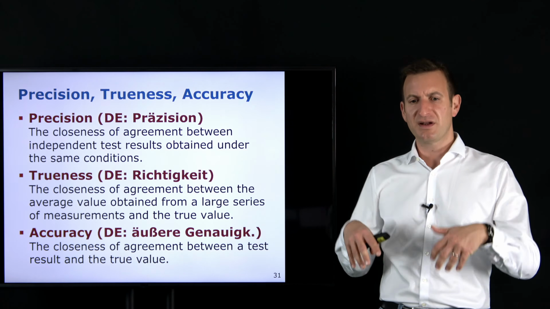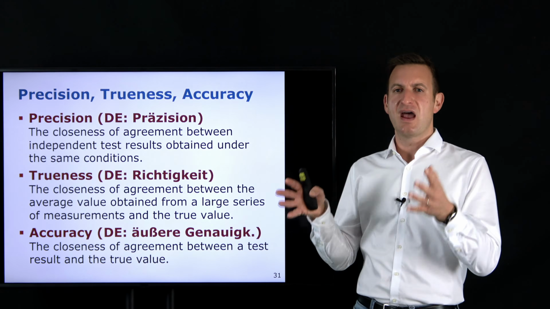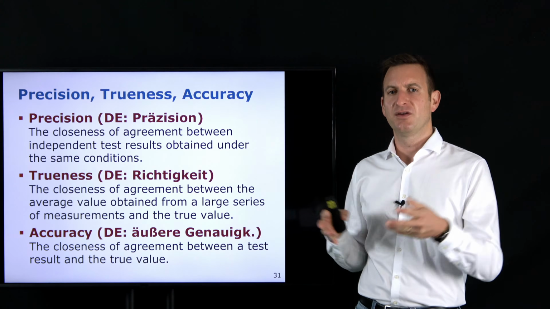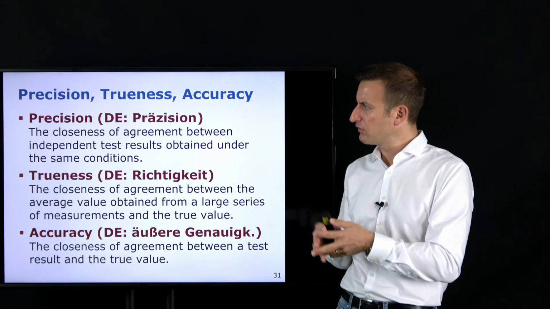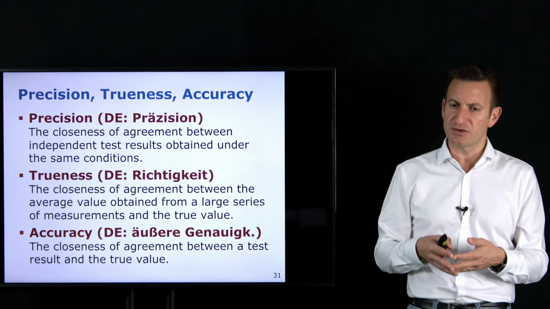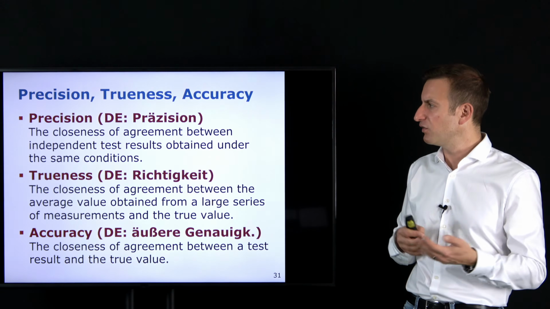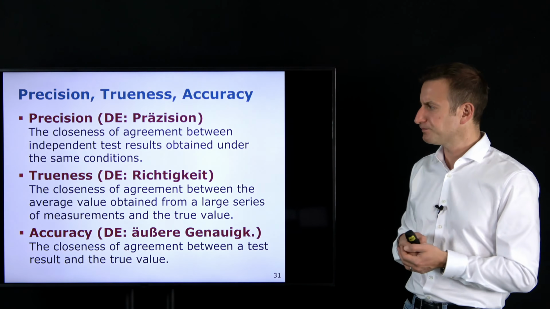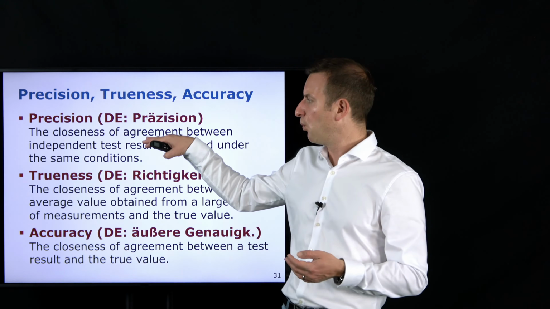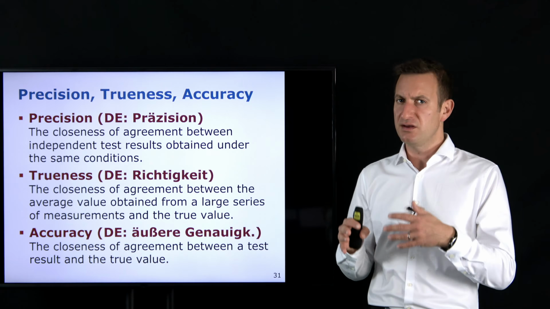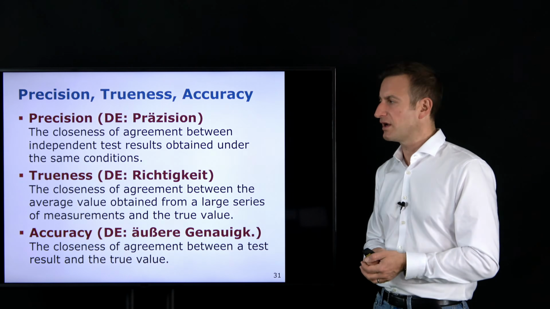So I'm having an experiment, I'm repeating this experiment, and how well do those experiments agree with each other? If you have sample points, for example, which are always the output of your test result, it is basically the variance of those test results. But just one result with respect to the other, not taking into account the true location or the true configuration.